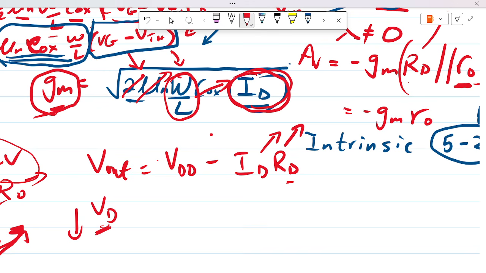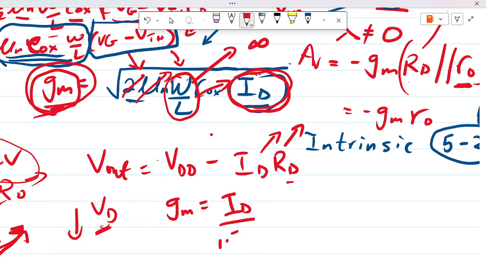Then we begin to wonder and begin to be more greedy and think, does that mean we could increase this to infinity? Obviously not. So the limitation is that if you increase this, there's also an intrinsic value of the transconductance, which is given by ID over 1.5 Vt.